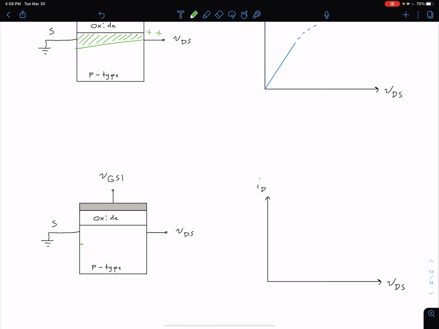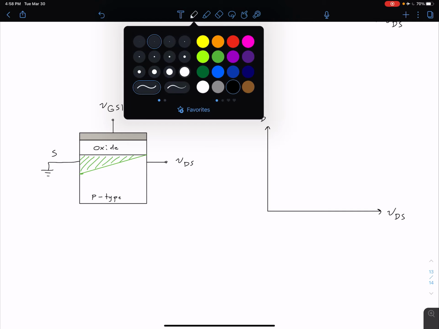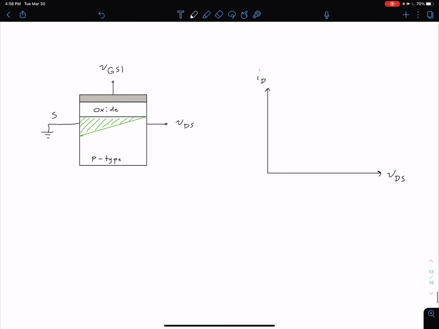Now we've increased VDS until the inversion region comes right to this point, right below our oxide at the drain side. This point corresponds to the transition between our non-saturation and our saturation region. This corresponds to a certain value of VDS, which is VDS sat.